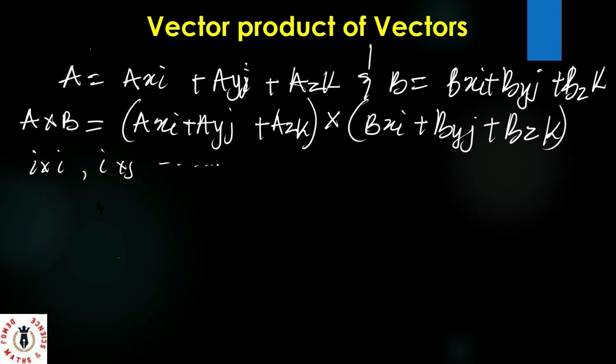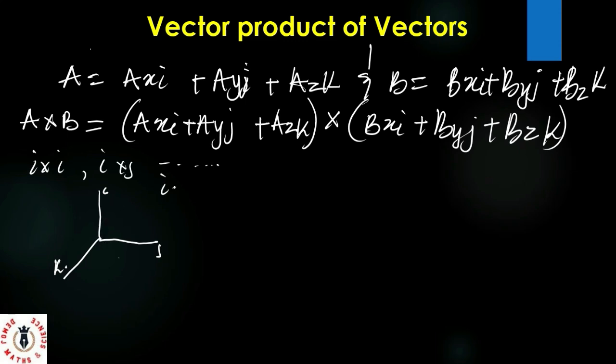Now my i, j, and k in vectors actually exist at 90 degrees to each other. So that if I have this as i, this as j, and this as k, in multiplying i times i, the angular difference between i and i is 0.